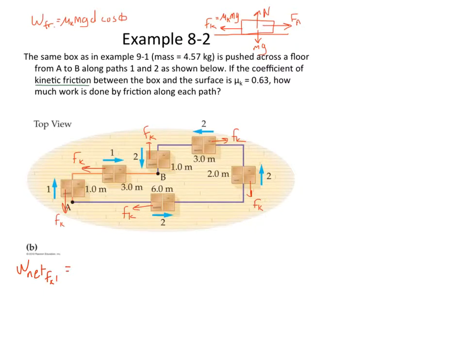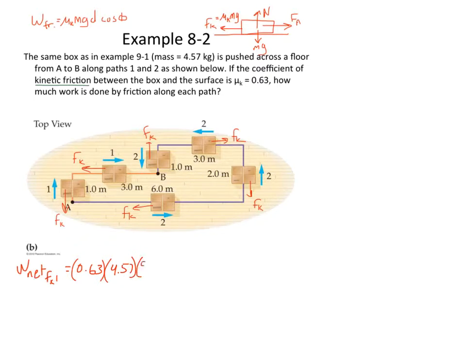It's going to be mu k. I'm going to write my values in right here, because if I write my general terms out first, I'm going to run out of space. What is our mu k, our coefficient of kinetic friction? That's 0.63, times our mg. So that's 4.57 times 9.81. All right, let's write that in.